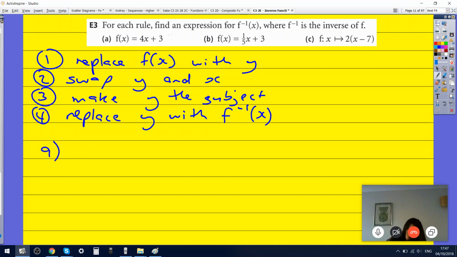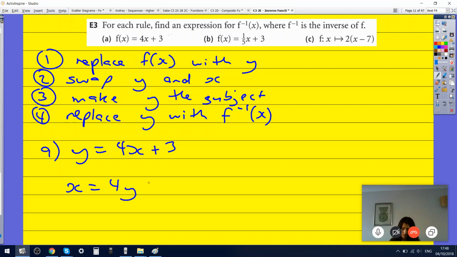So try that for part A. Replace f of x with y, so y equals 4x plus 3. Swap y and x, so x equals 4y plus 3.